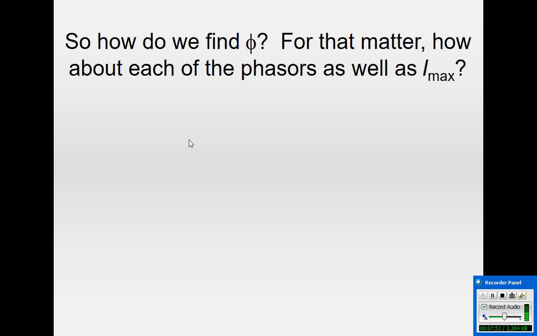How do we find the phase shift phi? And for that matter, I want to find some more detailed information about the actual voltages across each of the different devices. And I want to find information about the current through the circuit. How much information can I get?